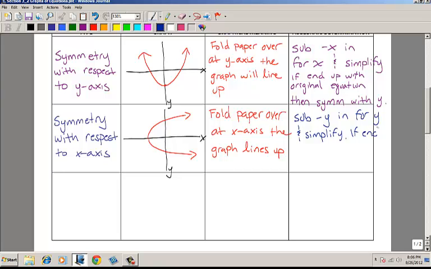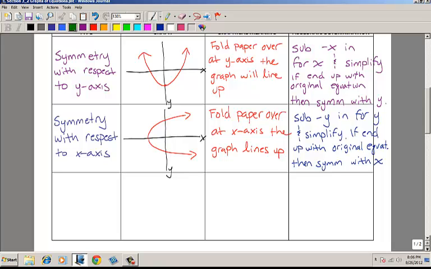If we end up with the original equation, and I'm going to write EQUAT for equation, then we're going to be symmetric with respect to that x-axis. So symmetry with respect to the y just means you're a mirror image across this y-axis. Symmetry with respect to the x-axis means you're a mirror image across the x-axis.